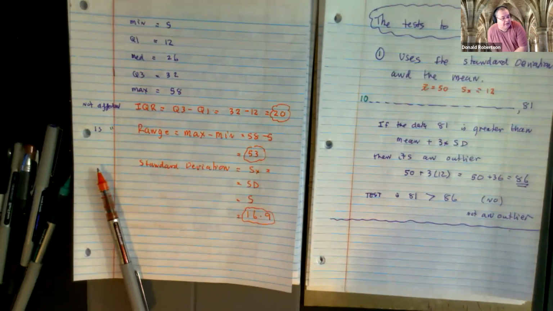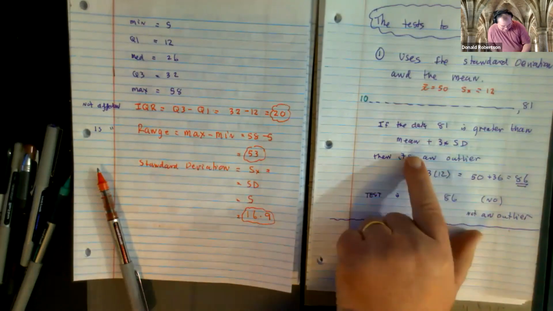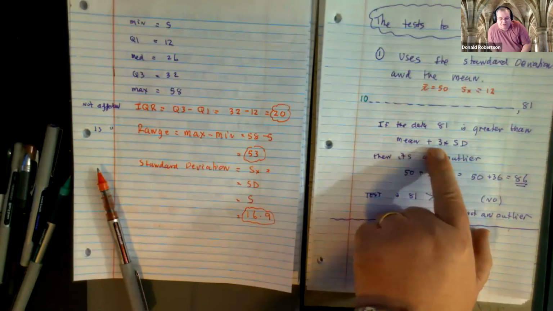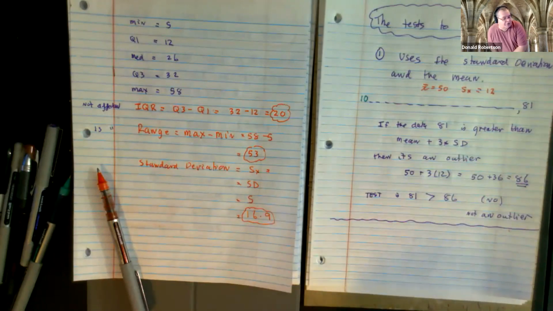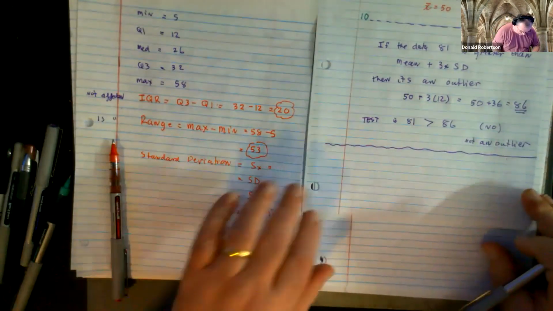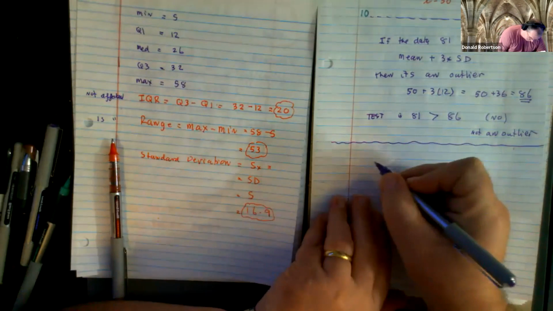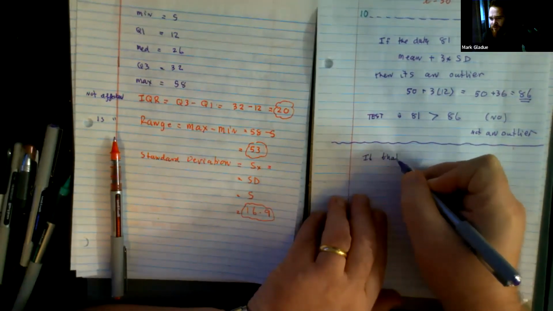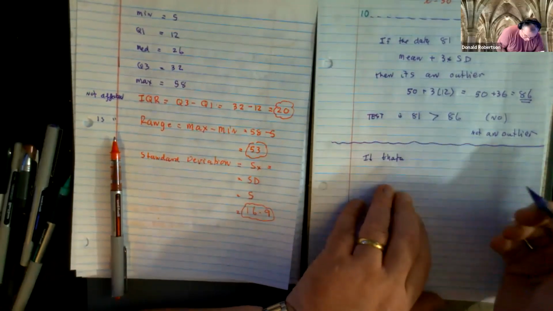What do you think the test would be if you wanted to check if a small number was an outlier? To be a big outlier, don't you have to be more than the mean plus 3 standard deviations, right? But what do you need to be a small outlier? What's your guess? One-third of the standard deviation. Oh, that's an interesting thought.